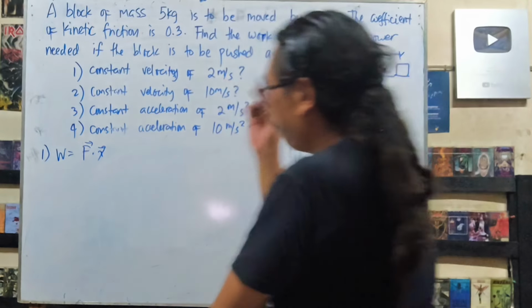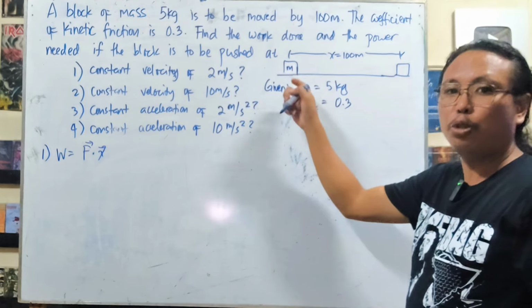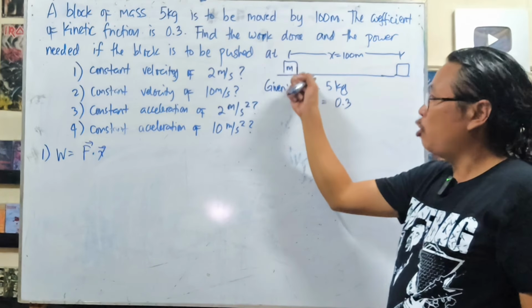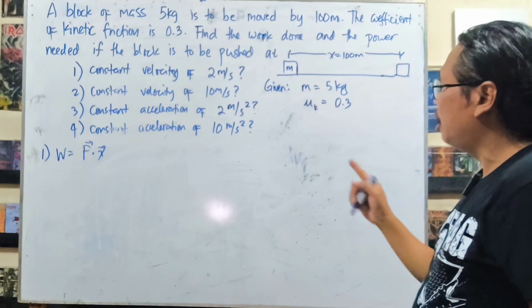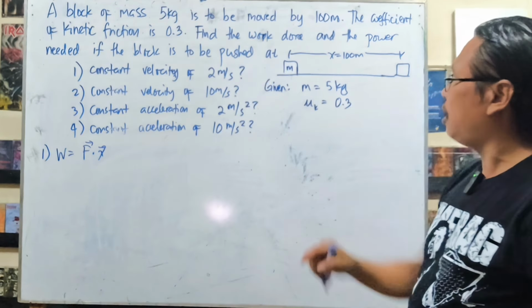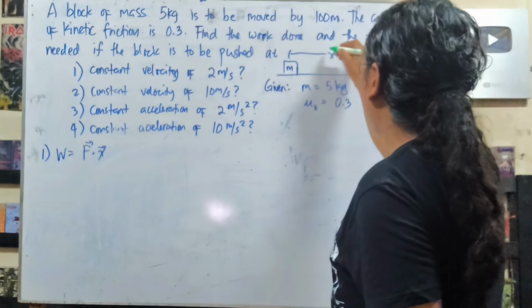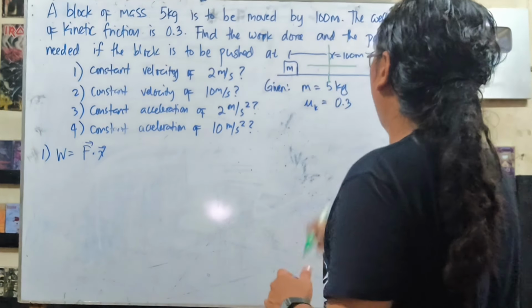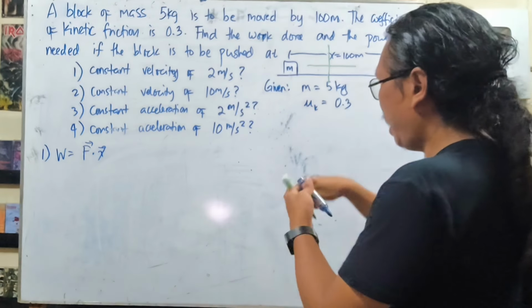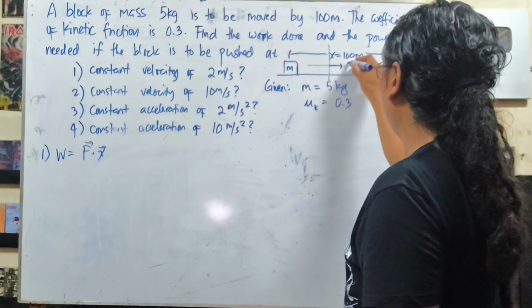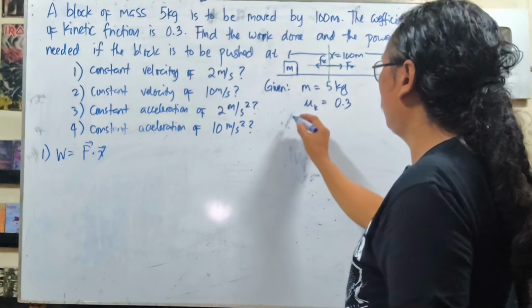But what is this F? When you push the block at constant velocity, the applied force that you would need would just be the same as the kinetic friction, because of the free body diagram. The mass is here. To the right is your applied force, and to the left would be your kinetic friction.